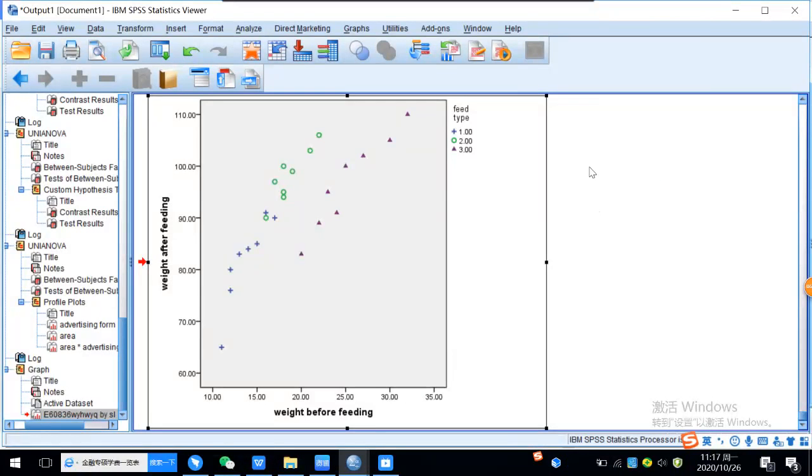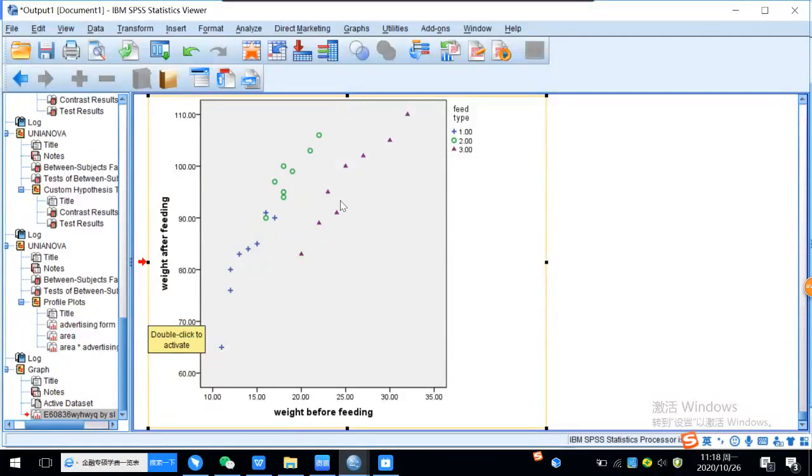Now, let's look at the plot. Can you see the weight before feeding and the weight after feeding for each feed type? Let's look at the purple triangles. From here you can see that the weight before feeding and the weight after feeding have a linear trend, right? Next, type 1 also has a linear trend, and type 2 has a linear trend, right?